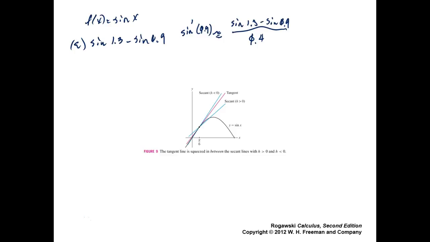What do the following quantities represent in terms of the graph of f of x equals sine x? To me, this thing here would represent, since that's approximately that, multiply both sides of the equation by 0.4, and that would be what this represents.